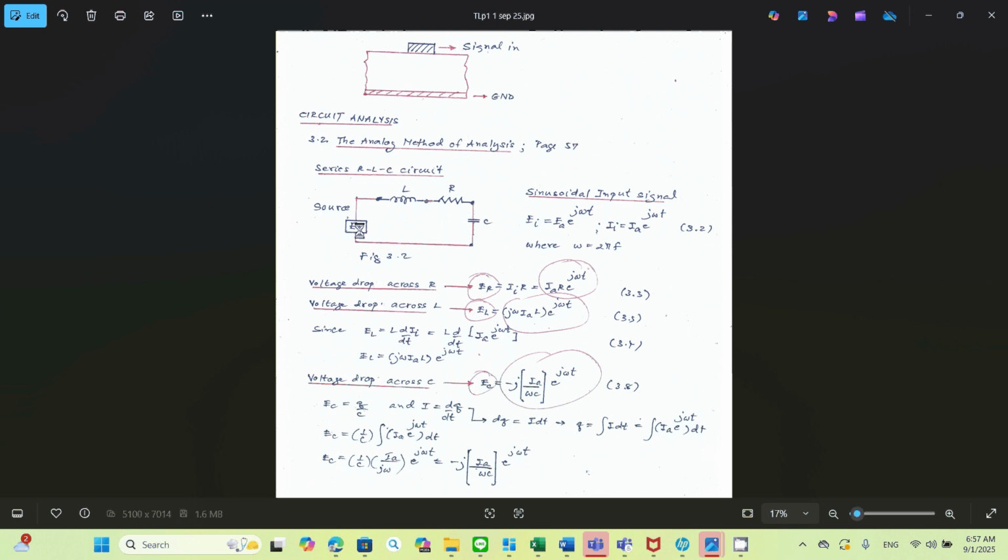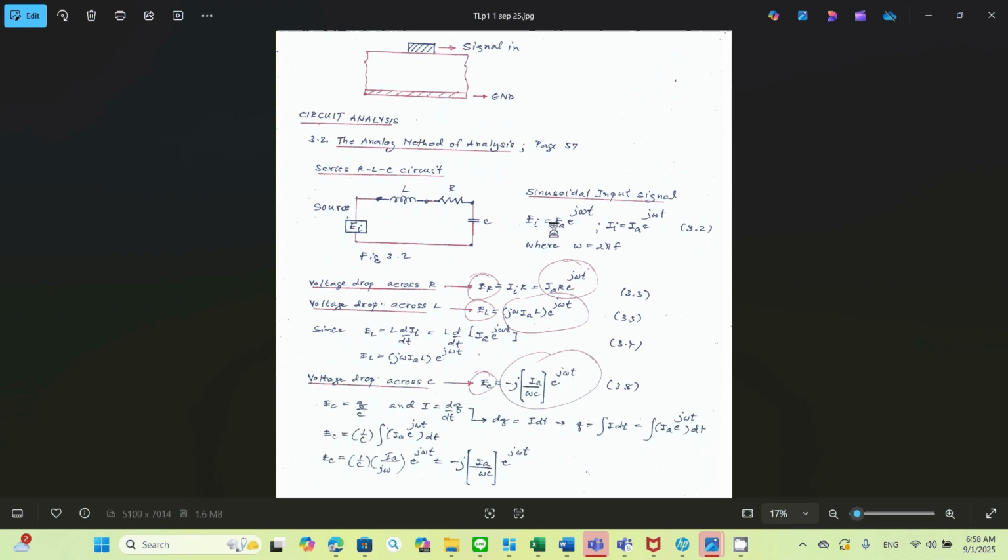You have the source voltage EI, and you have R, L, and C connected in series. Let's assume that the source is time dependent: EI equal to EA exponential j omega t, where omega is the angular frequency, 2 pi f, where f is the frequency.